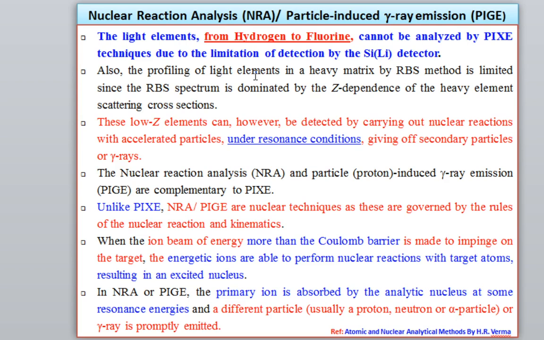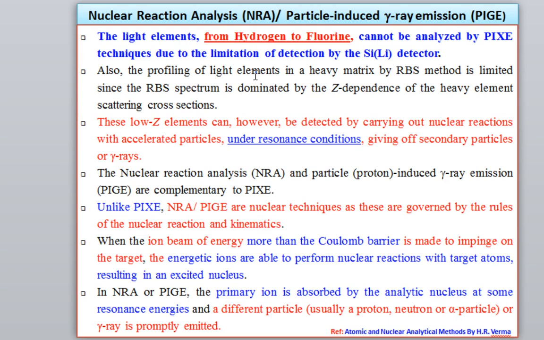And if we go to RBS, depth profiling of a light element in a heavy matrix is limited and cannot be done very easily, because RBS is Z dependent, so the light element signal will overlap with the heavy elements.